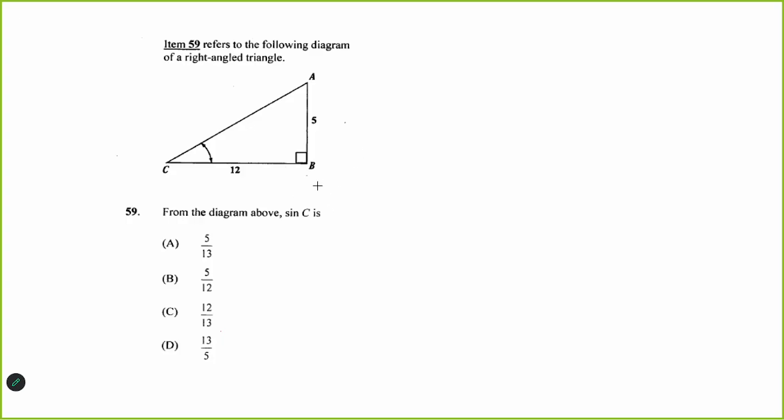Sine C. So sine is opposite over hypotenuse, and the opposite is 5. The hypotenuse, well, you could try to find it out. 5 squared plus 12 squared, then the square root of that.